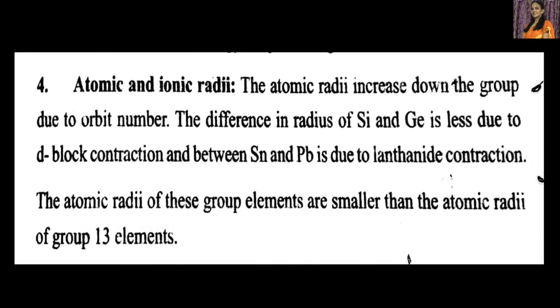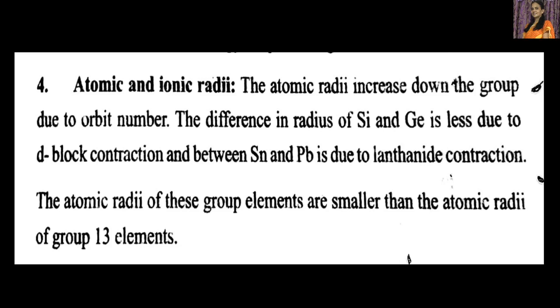Next is atomic and ionic radii. The atomic radii increase down the group, as in any group, due to the increase in atomic number, that is, the increase in orbit number. The difference in radius from silicon to germanium is less due to d block contraction, and between tin and lead it is due to lanthanide contraction.